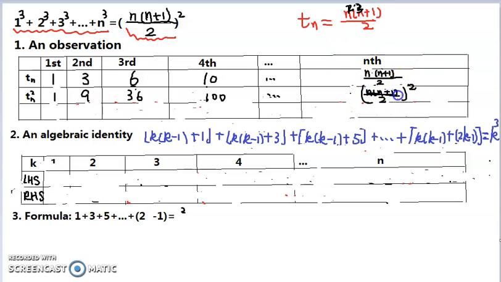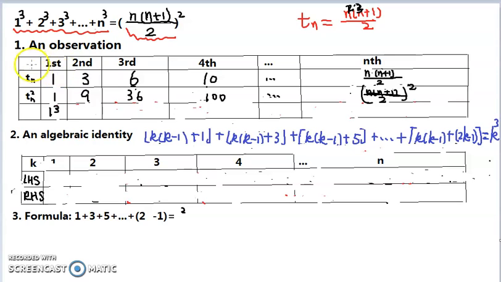All right, so that's the right-hand side. Now, let's take a look at the left-hand side. When n equals 1, we're only going to get the first cube, because the left-hand side has a pattern. It's adding the first n cubes.